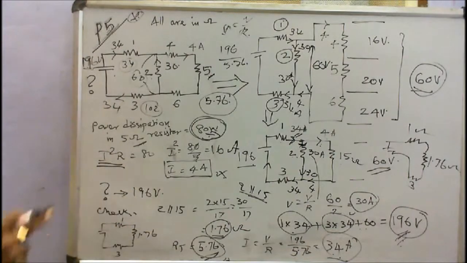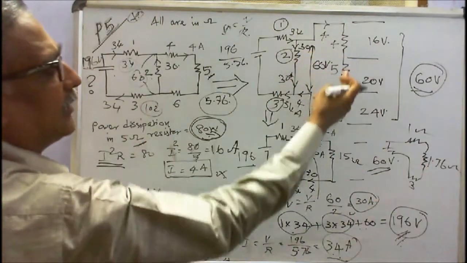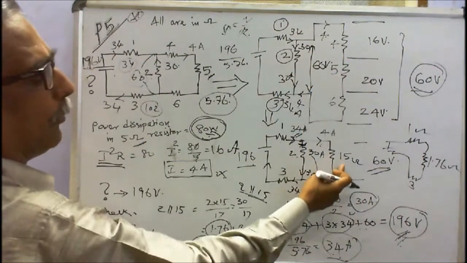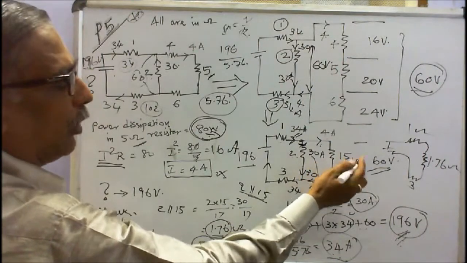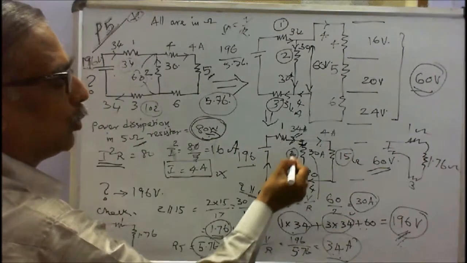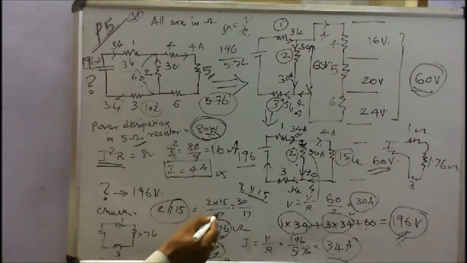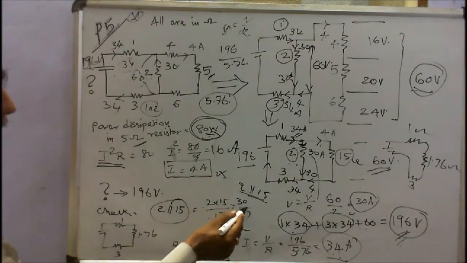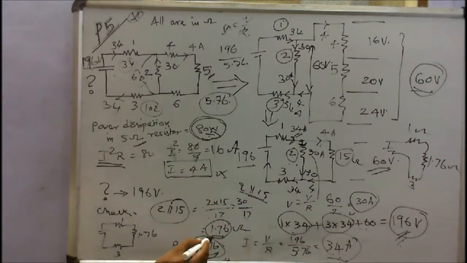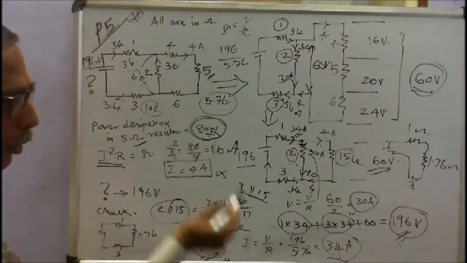I have to check whether this value is correct or not. Yes, it is possible, because here the 6 plus 4 plus 5 is equal to 15 ohms. The 15 ohm resistance is in parallel with the 2 ohm resistance. Therefore, 2 and 15 are parallel: 2 into 15 divided by 2 plus 15, that is 30 by 17, equal to 1.76 ohms.